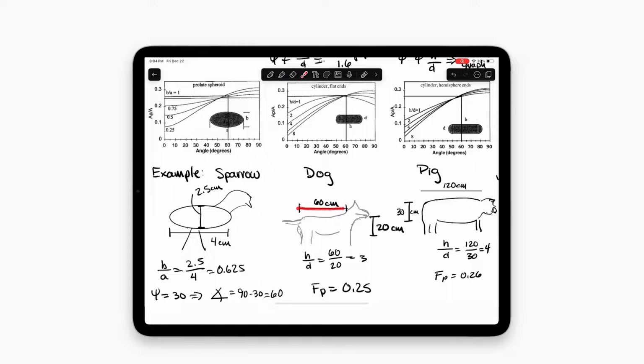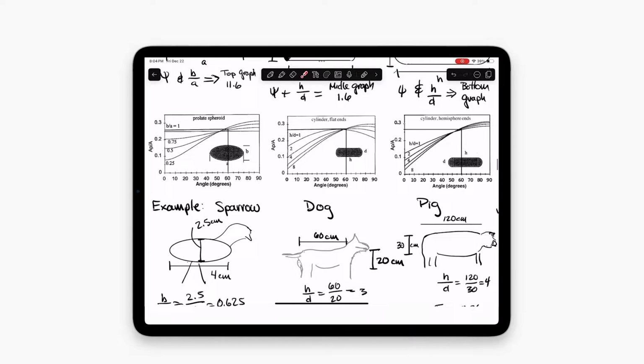Let's say this dog was 60 centimeters long in the longitudinal axis and about 20 centimeters high. If we put the 60 here in the height and the 20 there in the diameter, we simply divide those two and get a value of 3 out of that H over D calculation.